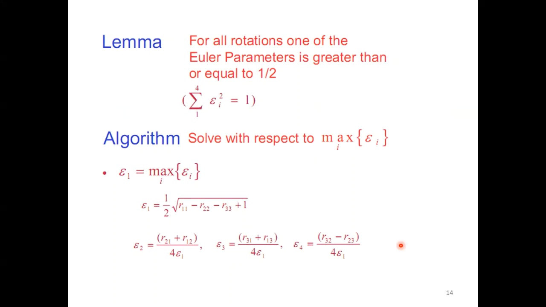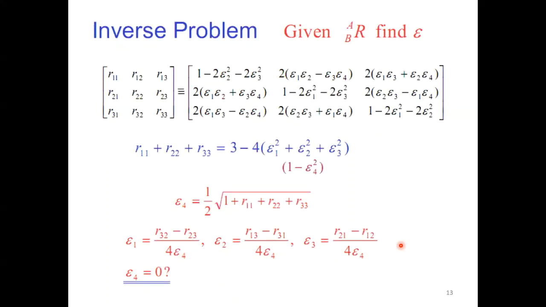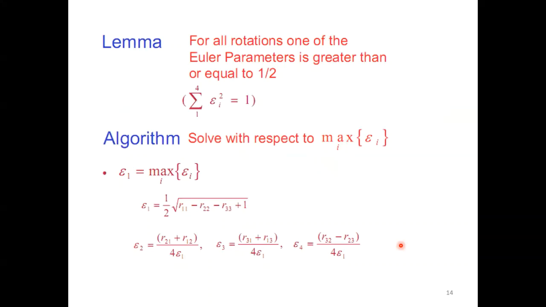So if epsilon 4 is 0, you can always figure out another set of equations, because this lemma says, for all rotations, any rotation around any axis, any angle, one of the Euler parameters is greater than or equal to half. So that's a lemma. For any rotation, all rotations, one of the Euler parameters is greater than or equal to half.